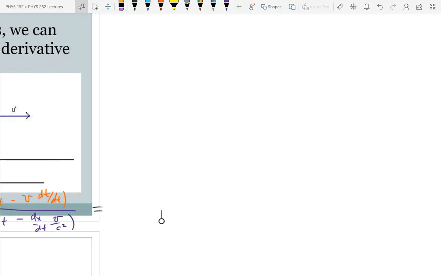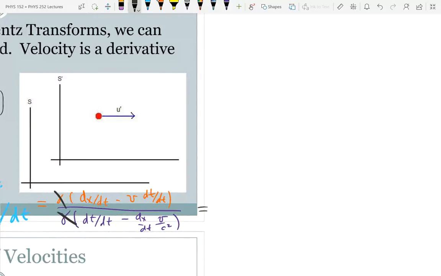So I have ux minus v. What's dt dt? 1. So we'll just leave that over dt dt, 1 minus dx dt ux v over c squared. And we're done.